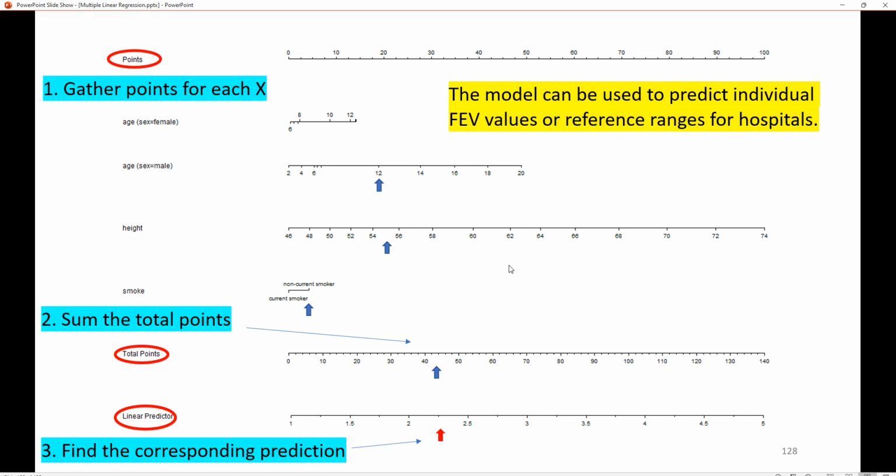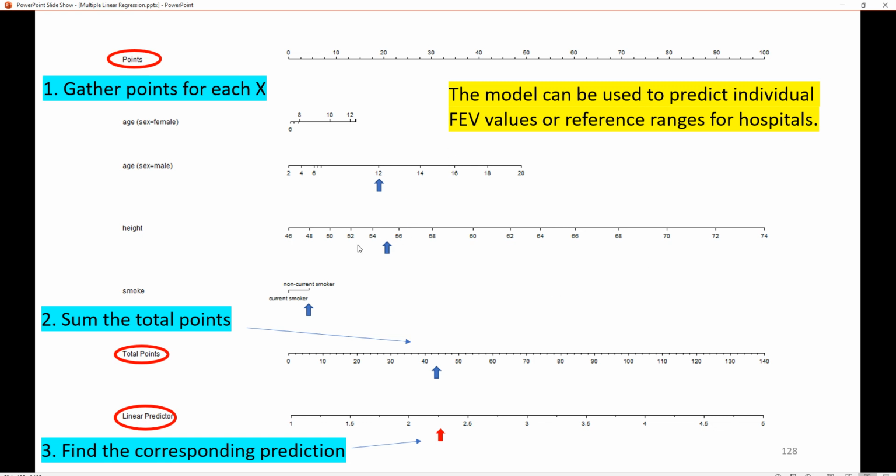Another thing that's important to point out is that the predictor that has the widest bar for points, in this case height, would be your most important predictor. So every increase of 1 unit or a few points really makes a difference for height.